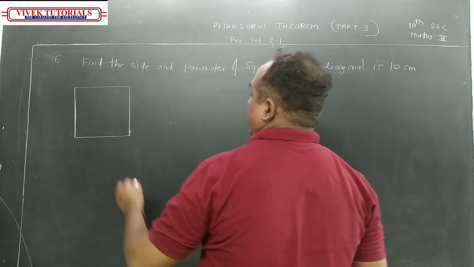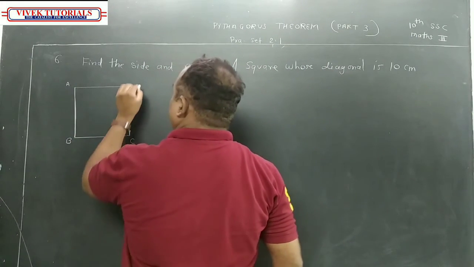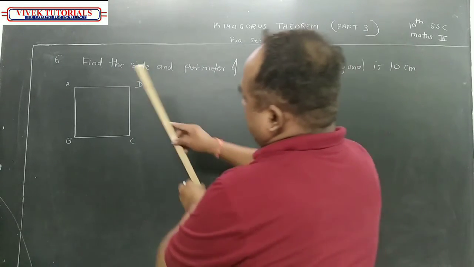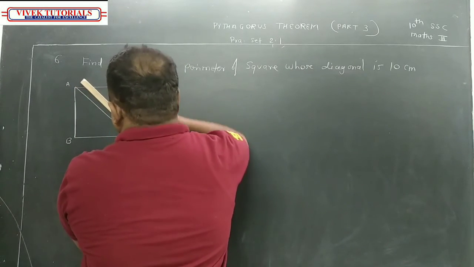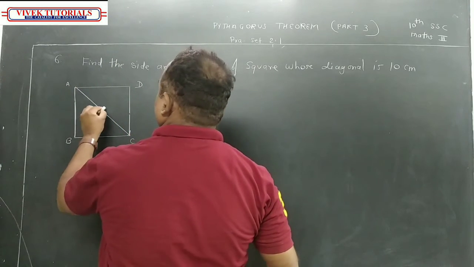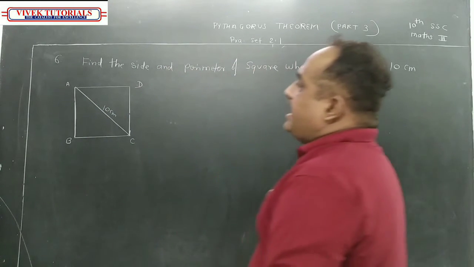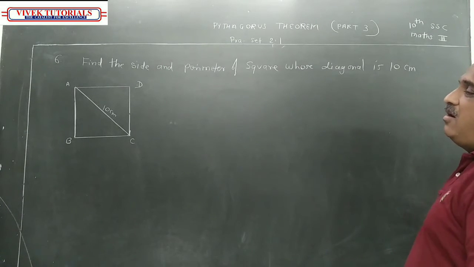Okay, this is a square. If I am giving the name A, B, C, D, and whose diagonal is this. This is called as what? Diagonal, and the diagonal is 10 centimeters.